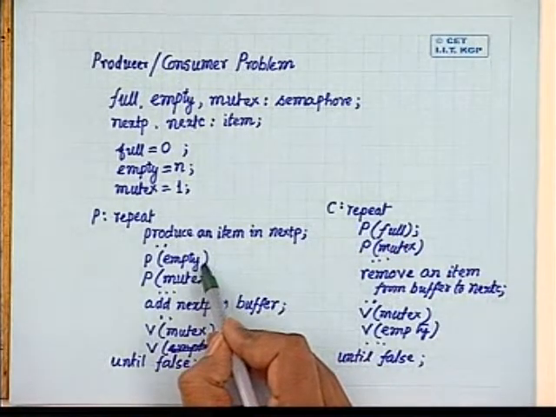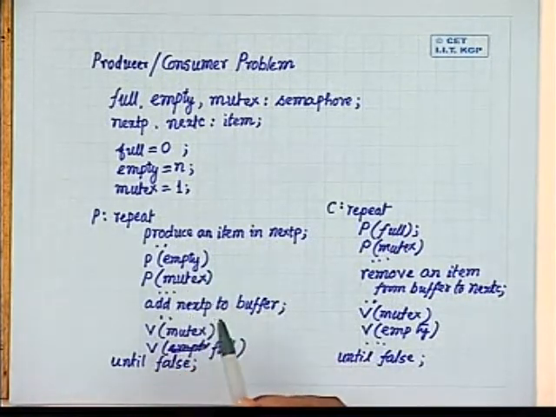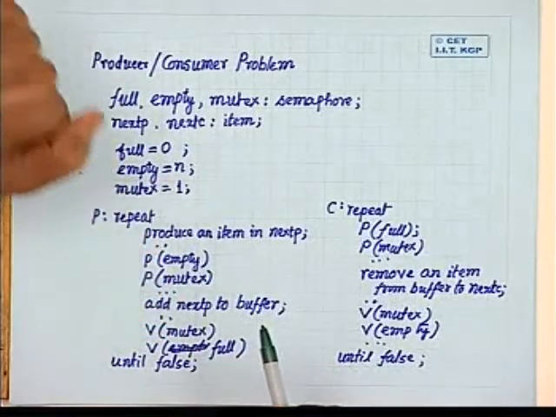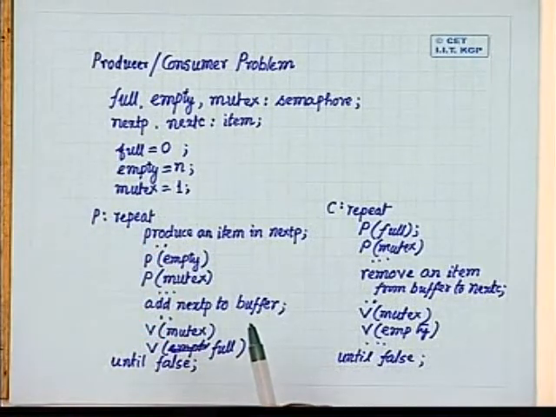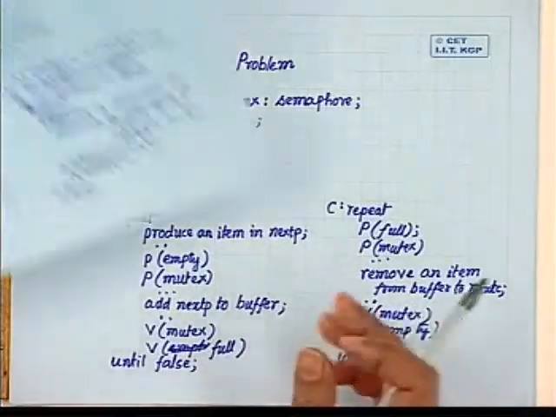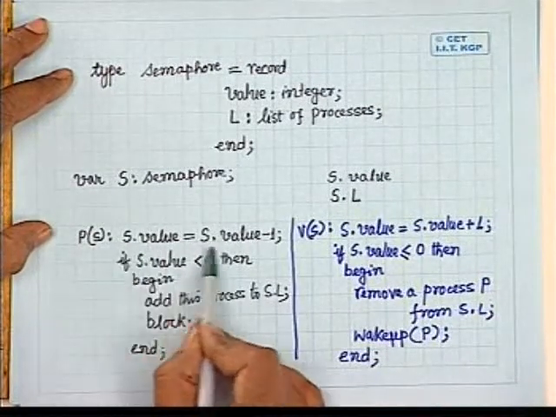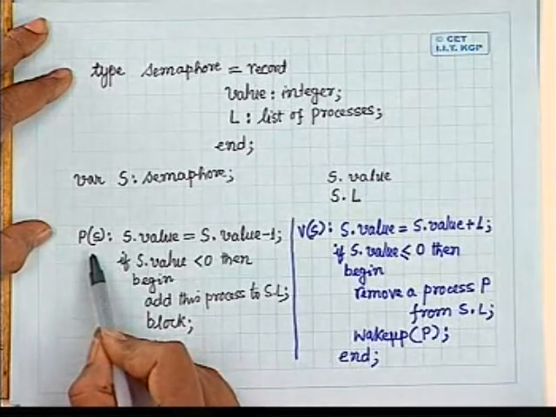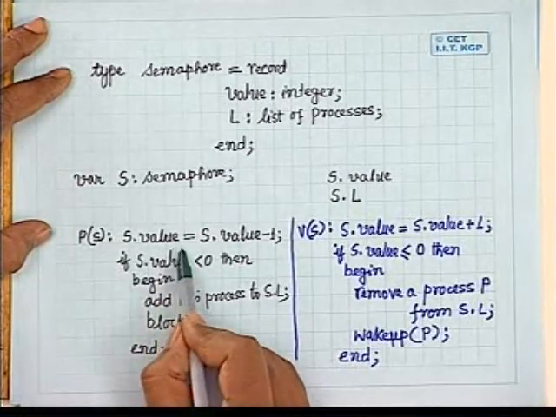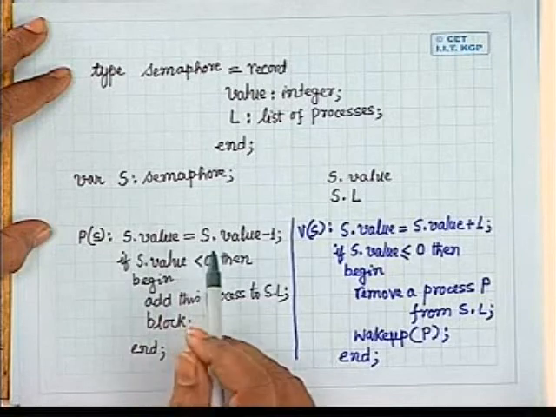Whenever this P(empty) operation is successful, every time the value of the semaphore variable empty will be decremented by 1. So in case of a semaphore variable, every P operation on the semaphore variable decrements the value of the semaphore variable by 1.